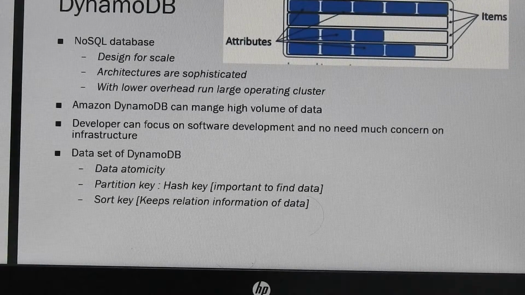If you have small amounts of data, you don't need any extra special performance features. But when the amount of data increases, the accessibility and the traffic increase, it automatically applies the required features to the database system. That is the advantage of using DynamoDB.